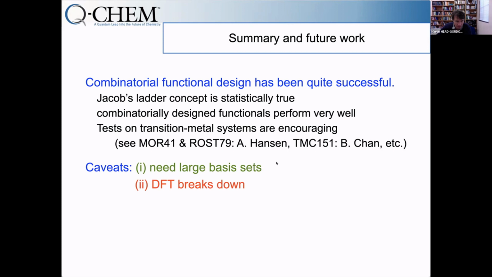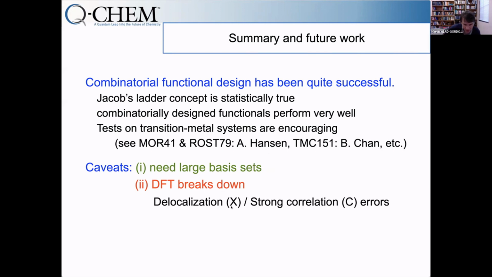And then even more seriously, you need to have some awareness of when DFT breaks down. In other words, there are failure modes for DFT. And I showed you that very explicitly early on with the delocalization error. So let's just summarize, which is that the most common known failure mode of DFT is the defects of the exchange functional.